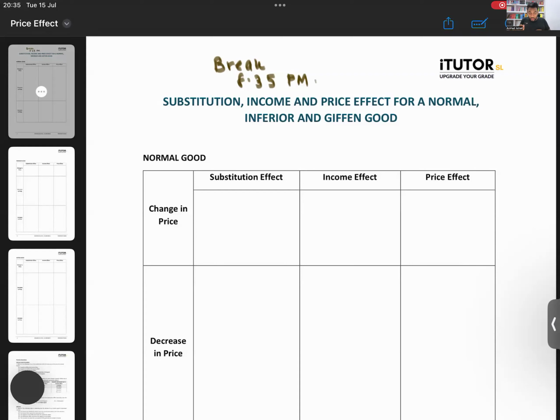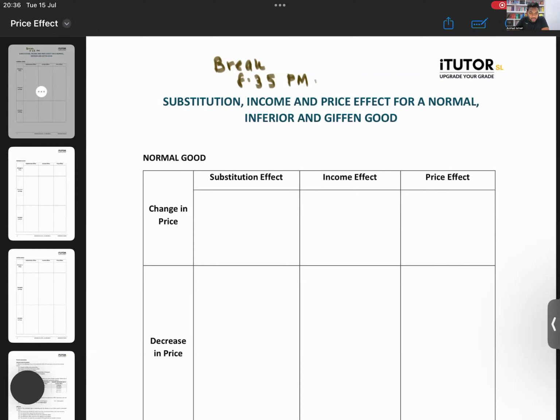Now we're going to talk about how these 3 effects, substitution plus income together, which is what you call the price effect, change for a normal, inferior, and a Giffen good. I'll start off with this.